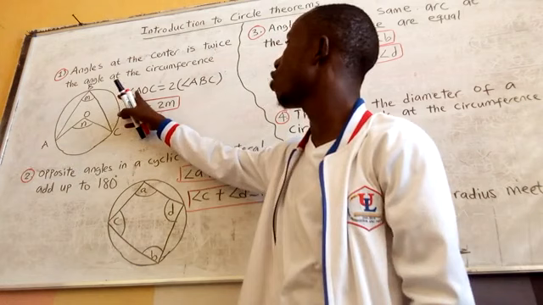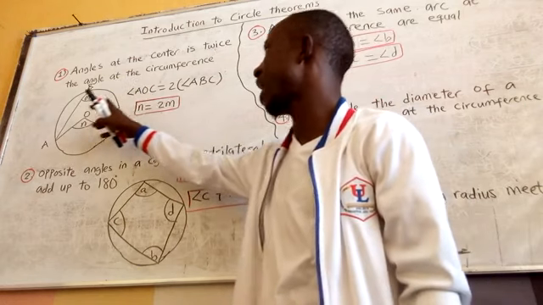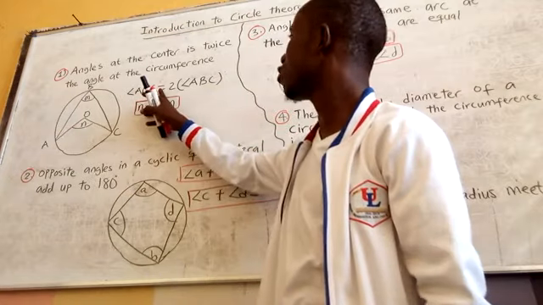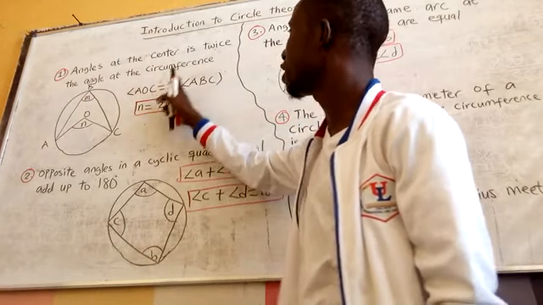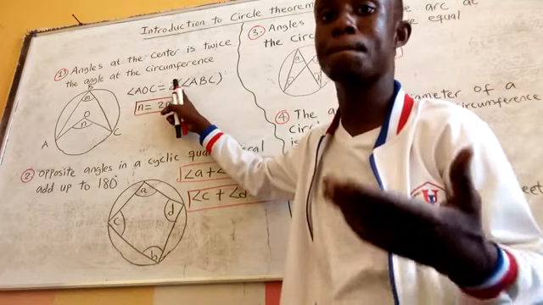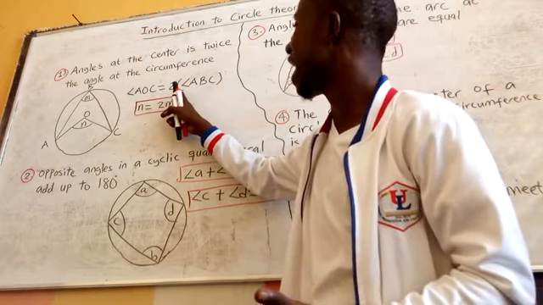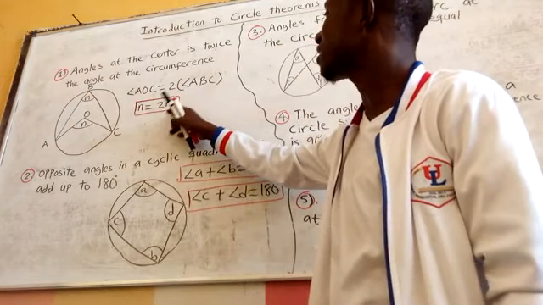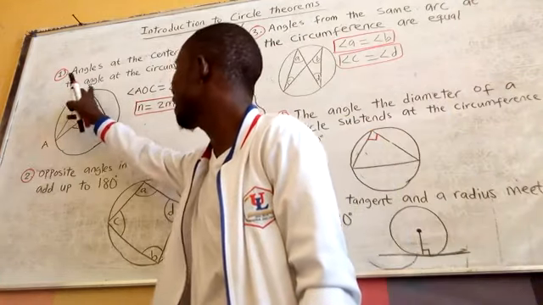So angle AOC, which is the angle formed at the center of the circle, is equal to twice, twice means 2, 2 times, the parenthesis represents multiplication, 2 times the angle formed at the circumference of the circle. The angle for the circumference is angle ABC.